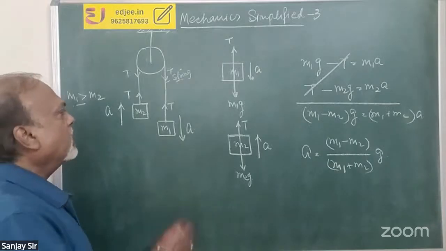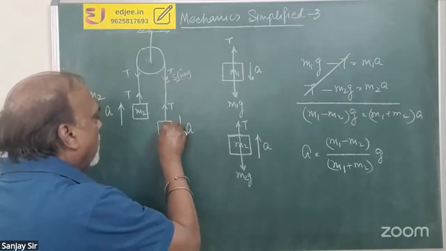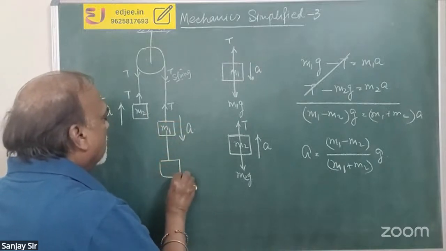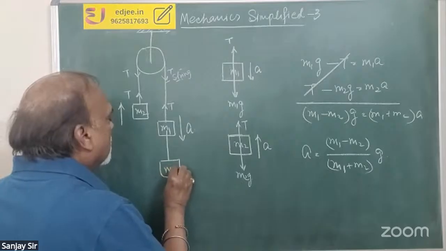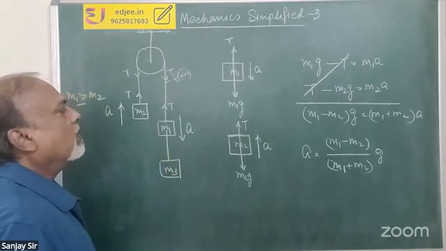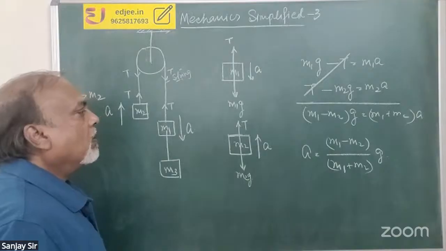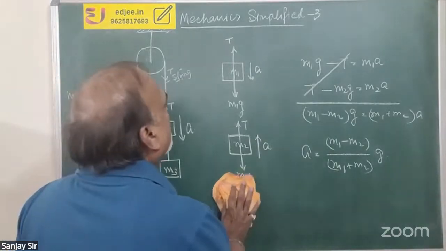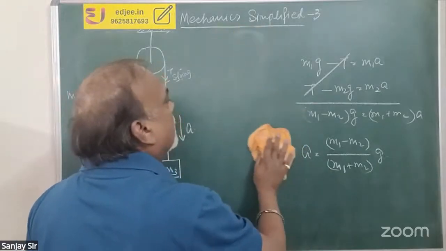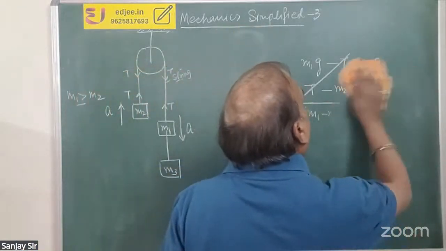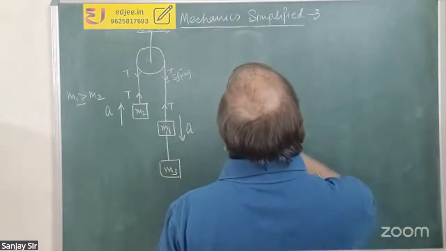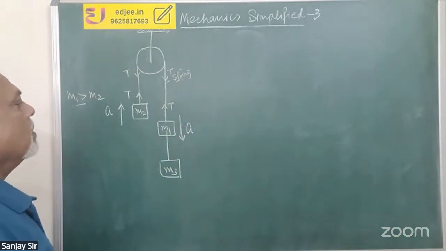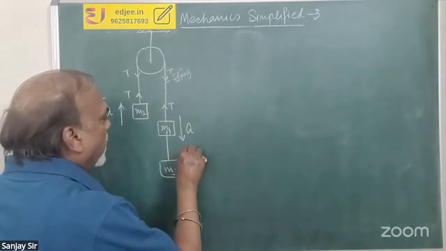We can extend this problem. Suppose one more mass is there. Suppose this is going downwards.